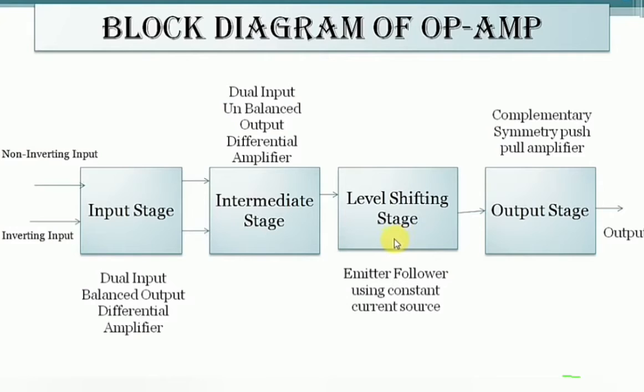Now why we are using this stage before the output stage is, here we can see that the input stage and intermediate stage are directly connected without using coupling capacitors. These two stages are directly cascaded without using coupling capacitors.